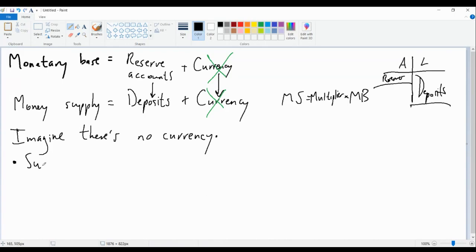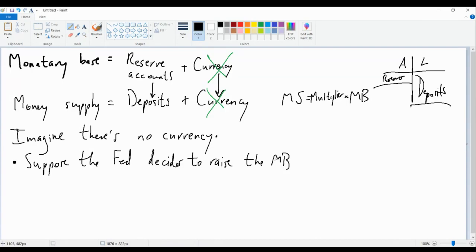And in this world, suppose the Fed decides to raise the monetary base. Now, how does the Fed raise the monetary base?